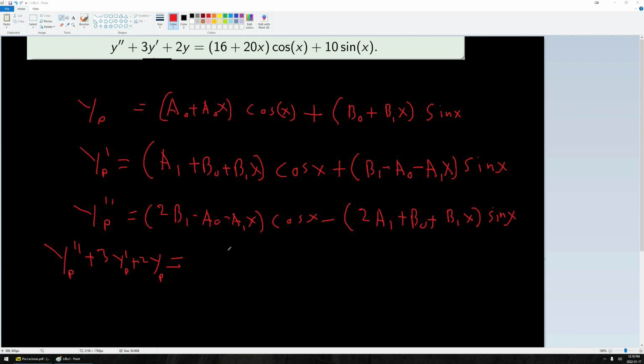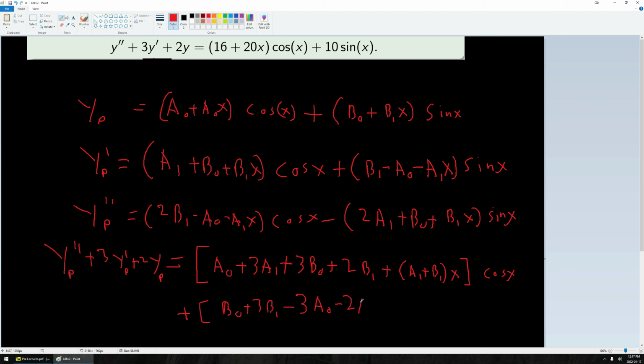It's a little bit ugly, but once all the smoke clears and you capture the cosine terms together, the cosine terms give me simply this expression here. And the sine terms simplify to this expression. So it's a bit messier than previously, but it's still basically the same idea.